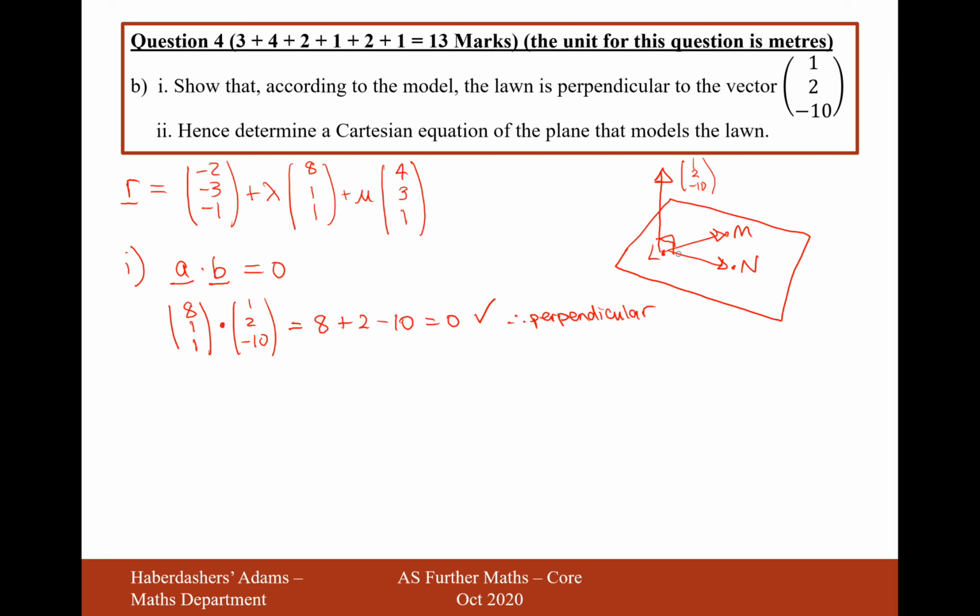And I need to test it with the other vector as well, from L to N. So that's (4, 3, 1) dotted with (1, 2, -10), so that's 4 plus 6 minus 10, which equals 0. So therefore again, perpendicular. If you've got those two direction vectors being perpendicular to (1, 2, -10), the plane is perpendicular to (1, 2, -10).